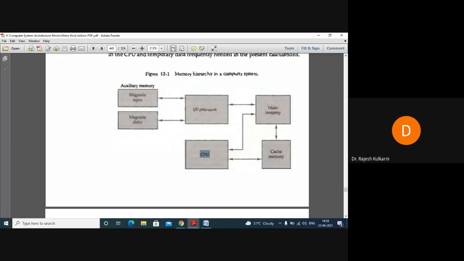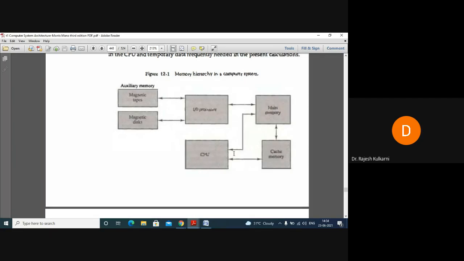So they will be taking, let us say, one instruction at a time. One instruction from the program will be brought into the CPU register, executed, and taken back. Now, there are two interesting things which you can observe from here.